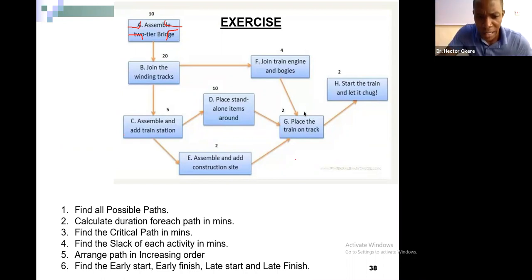Group 7. Quickly. Group 7 is Luna, Cyrene, Leah, Yume, Lane. Duration for each path. There are 3 paths, so it's easy. Give me the number, the answer. Quickly.